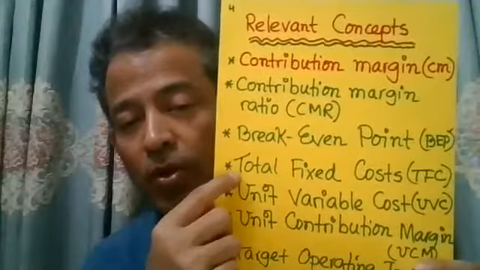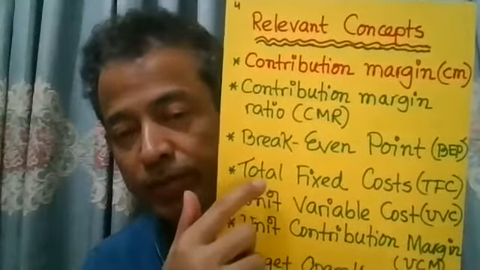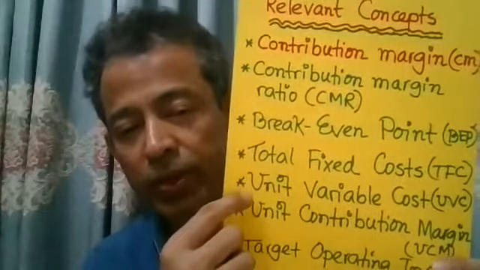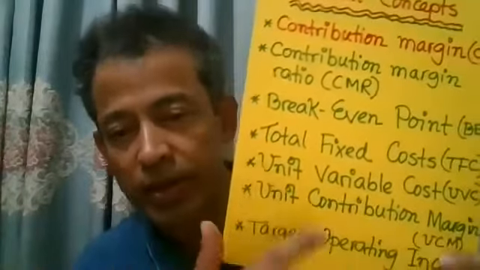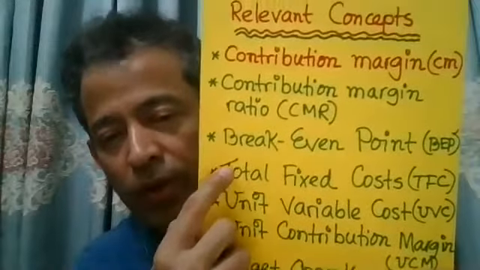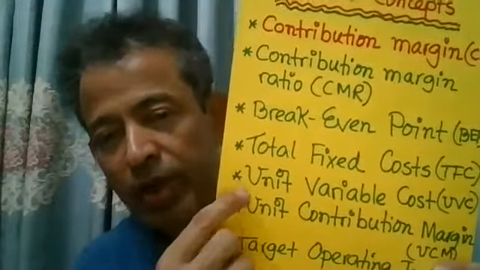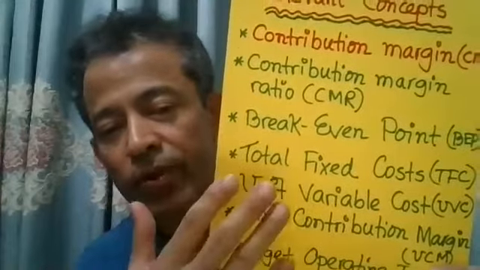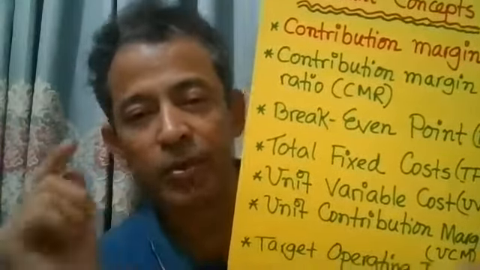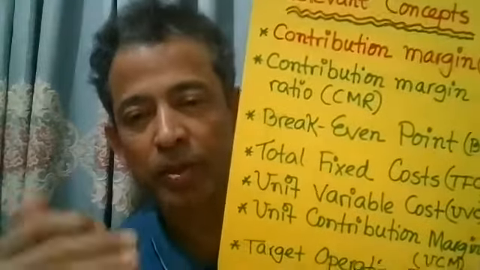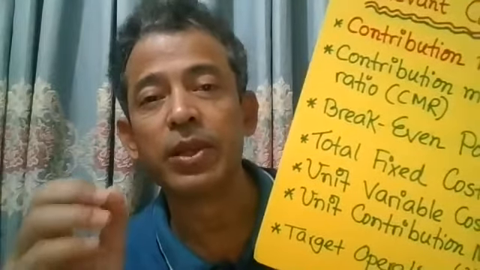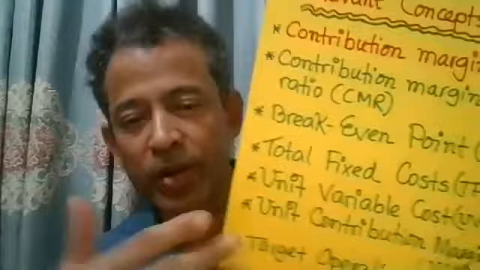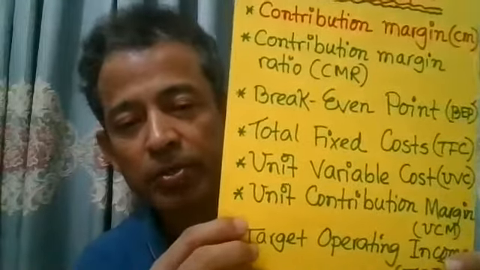So I use the total whenever I call fixed costs. So total fixed cost, and then we have unit variable cost, and we almost never use total variable cost, except in that graph. So if we just use fixed cost and variable costs, then assume that for fixed costs we refer to total, and for variable costs we refer to unit. And the same is true for selling prices. If we just say selling price or sales, then assume that it is the unit selling price.